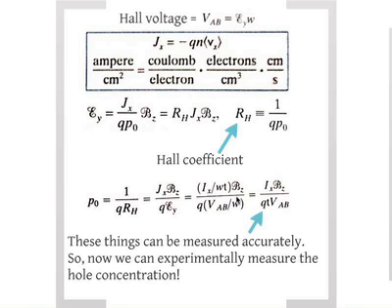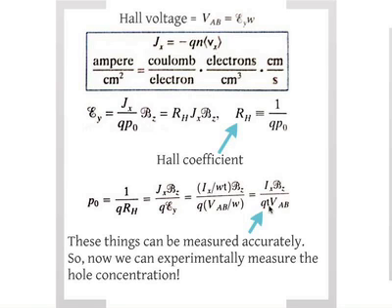The W just goes out of the equation, so just the thickness comes in. So these things can be measured accurately. Now we can experimentally measure the Hall concentration. This is why it is extremely important. You need to really understand this because it's an important characterization tool.